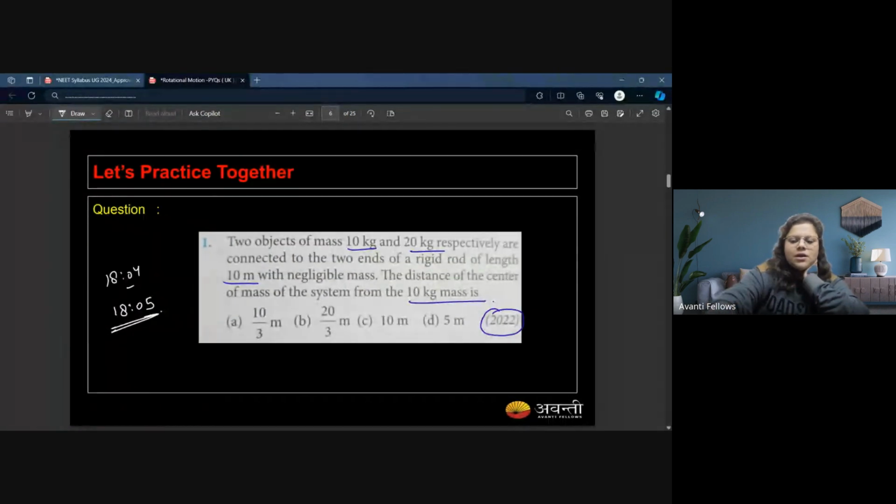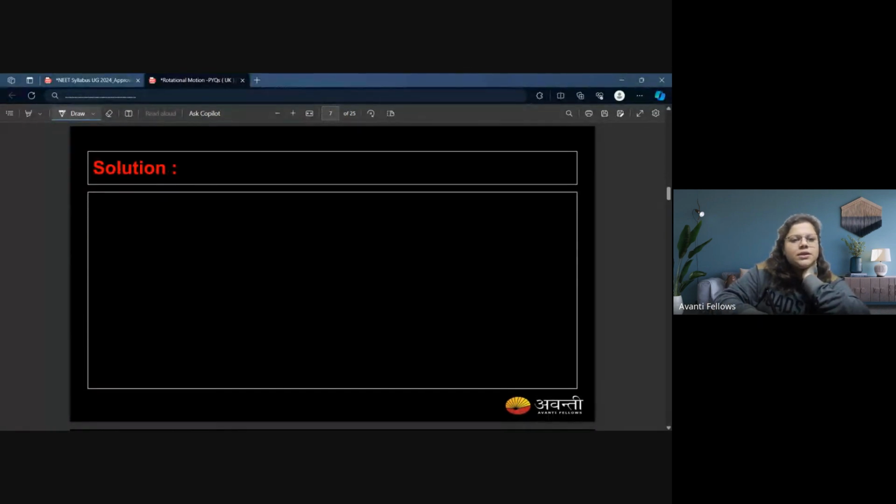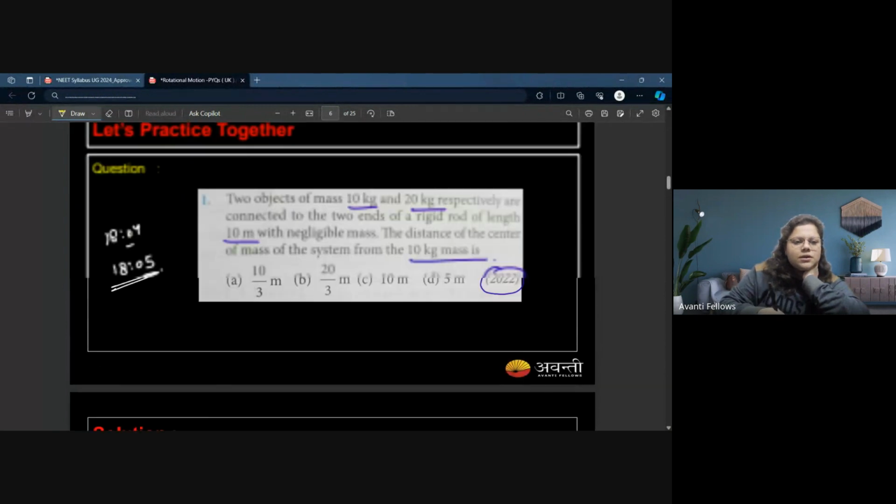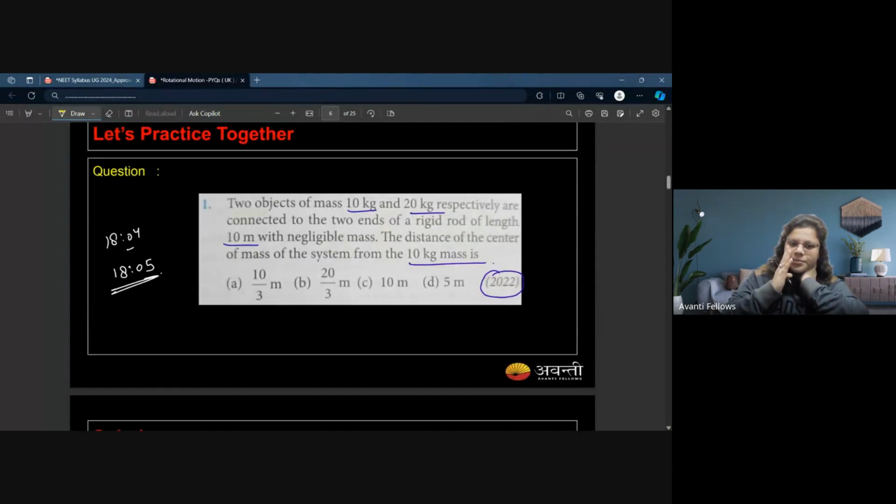Okay. So if you go through this question very deliberately, you will get the idea that we have 2 masses where M1 is 10 kg and M2 is 20 kg. They are asking you to find the distance of the center of mass from the 10 kg mass.